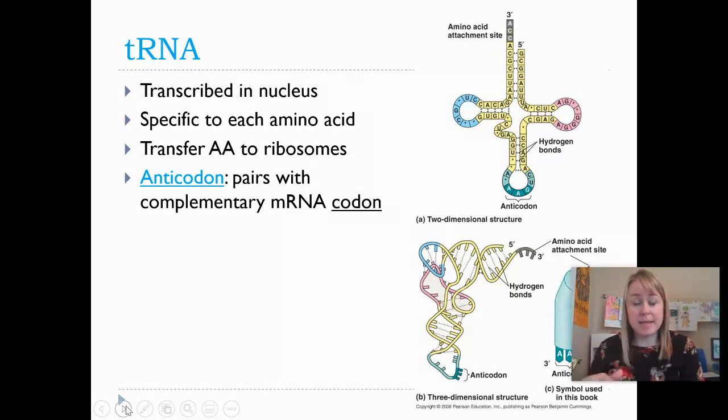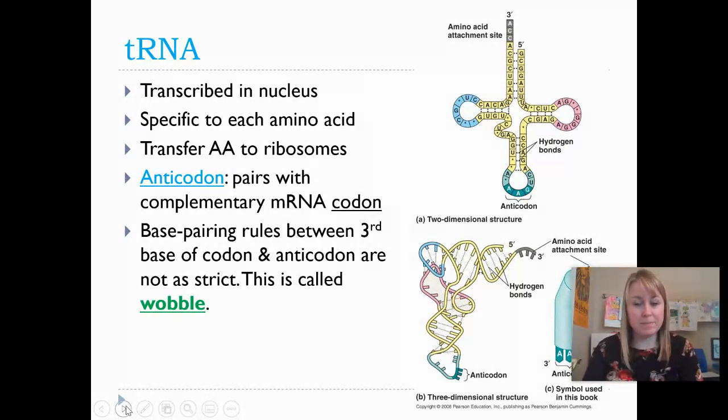On the opposite end, somewhere along its complex folds, is the anticodon, which is a sequence of 3 letters that complementary base pairs to the mRNA codon. And then we have this weird phenomenon known as wobble, which basically means that the third base doesn't really bond that closely.